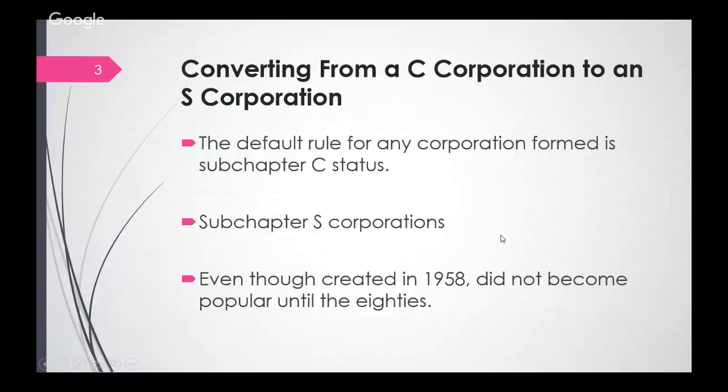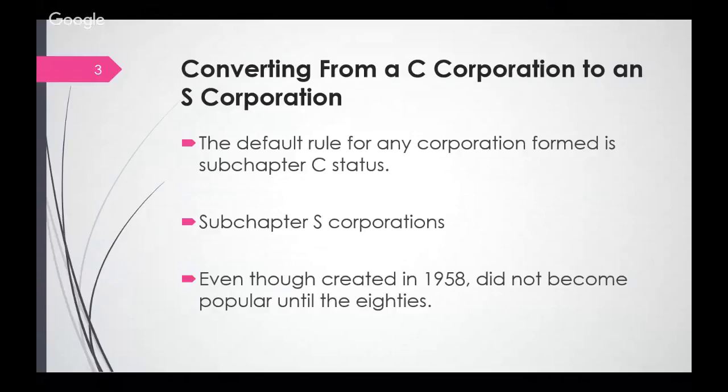So what's the biggest question that we get right now? It's the conversions from a C corporation to an S corporation. The default rule for any corporation formed is that you default to a C status. So if you ask your accountant or your attorney, or you file articles of incorporation on a company, you are a C corporation right off the bat.